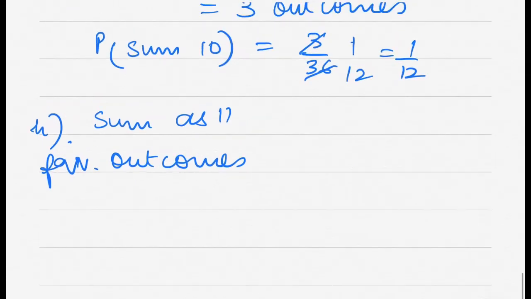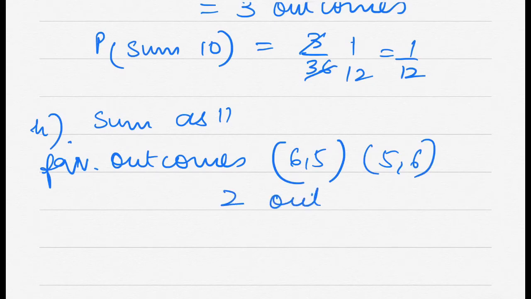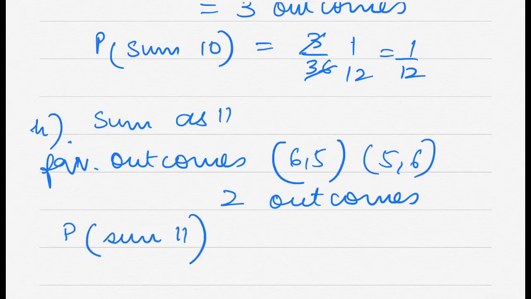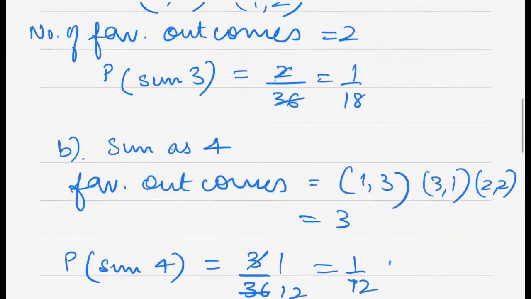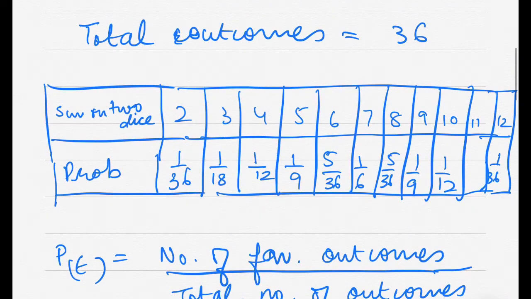So 6 and 5 and 5 and 6. So there are 2 outcomes. So the probability of getting sum as 11 will be equal to 2 by 36. So that is also equal to 1 by 18, right? So we have completed this table. Okay, so that was my first part.